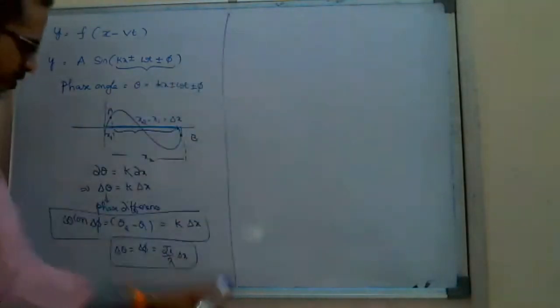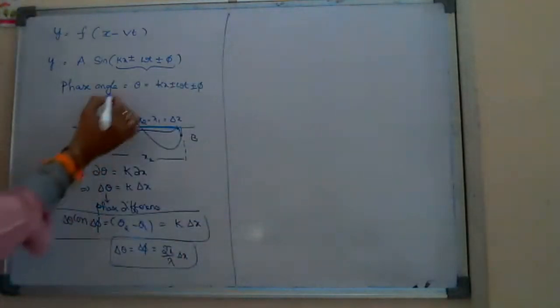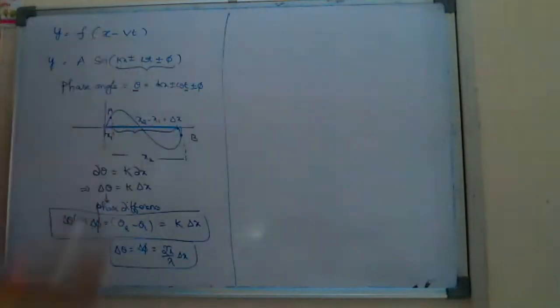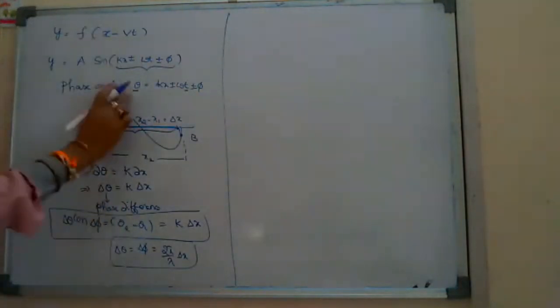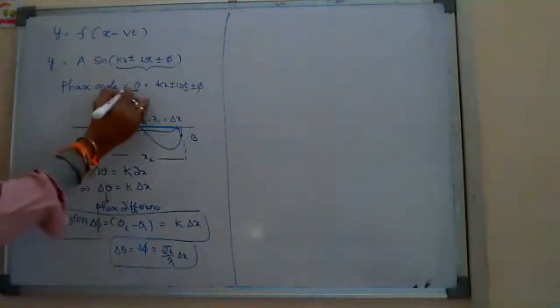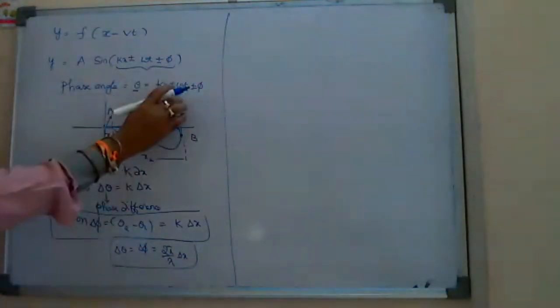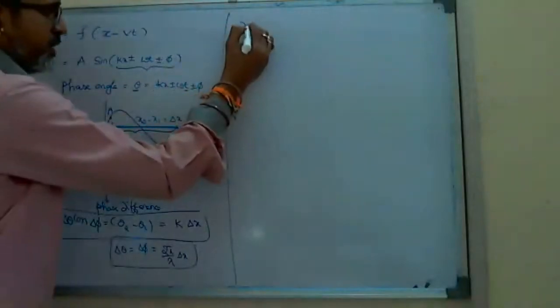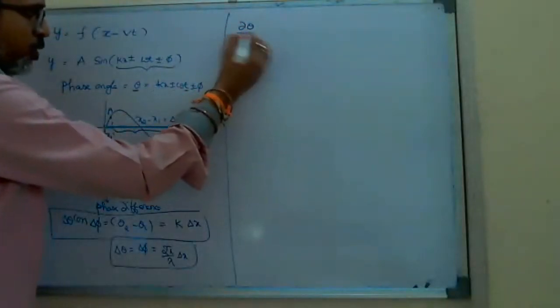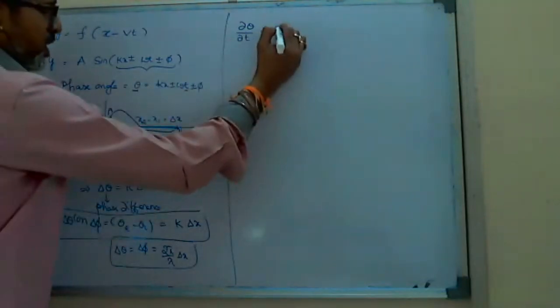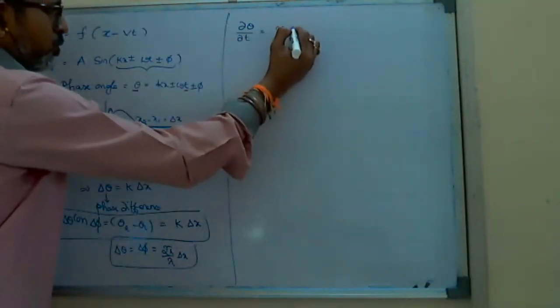In the same way, if they ask for the relation between phase difference and time difference, I have to differentiate theta with respect to time. Taking the partial differentiation, dou theta by dou t is equal to, with the other terms constant, plus or minus omega into 1.